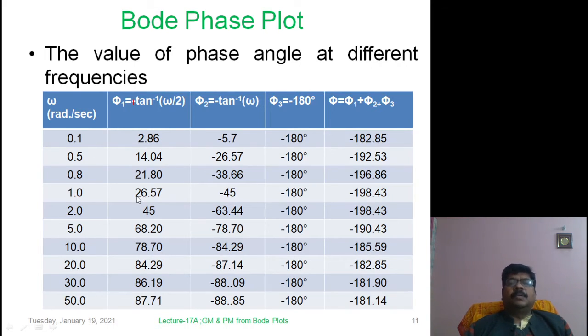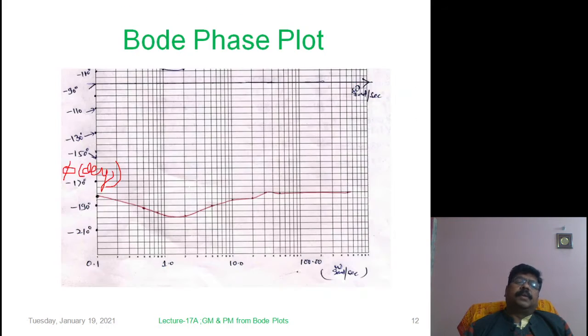You are now in a position to draw the Bode phase plot as frequency is varied in the range from 0.1 radian per second to 100 or up to 150.